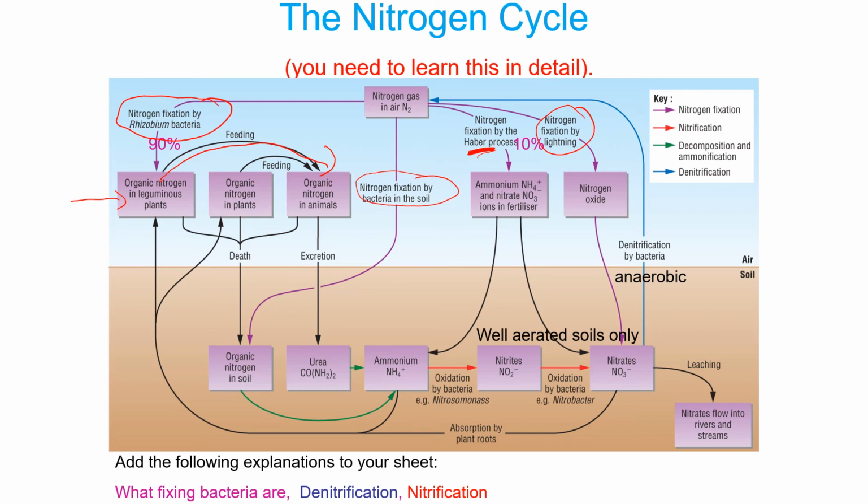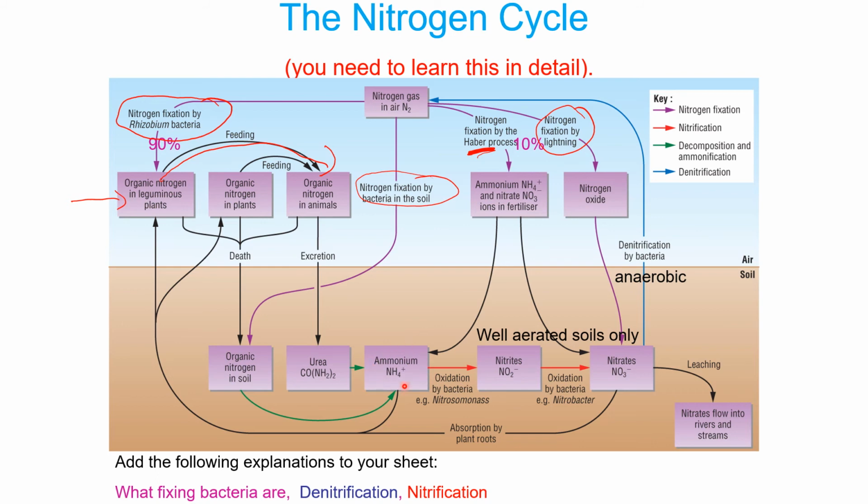If we follow where we are now, once the plants have been eaten by the animals, the animals will either die or produce waste products, which takes the nitrogen into the soil in the form of organic nitrogen or urea. That is then converted in a process called ammonification into ammonia by soil bacteria.